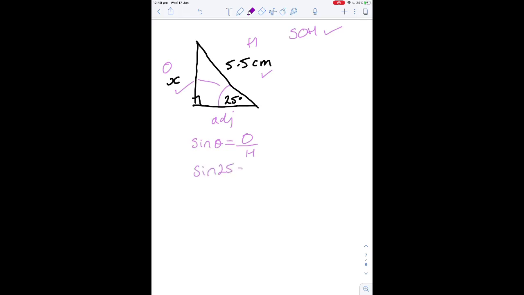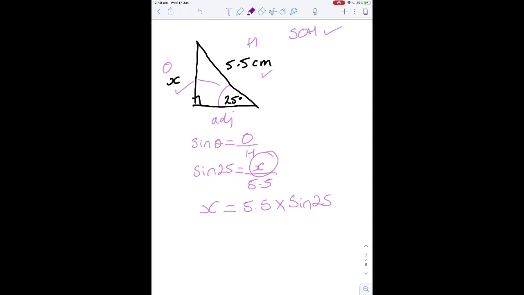The next line is fill in the information. So what's O? It's X. What's H? 5.5. And because I labeled it, it's easy. Now my unknown is up the top, so it's just a matter of multiplying those two numbers together: 5.5 and sine 25. Now remember, sine 25 is just a decimal.